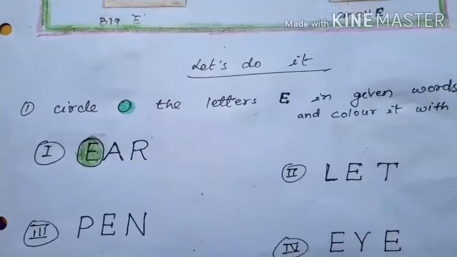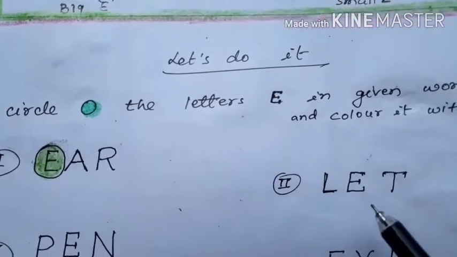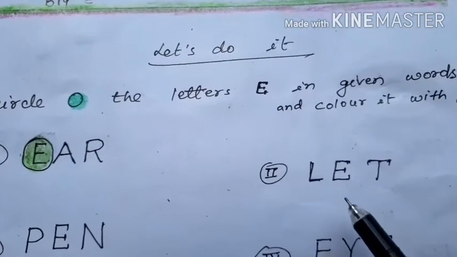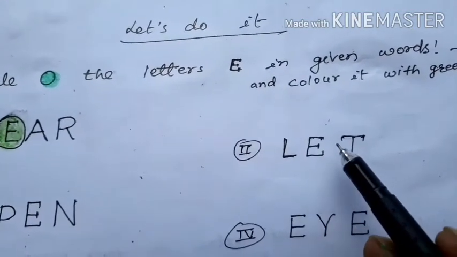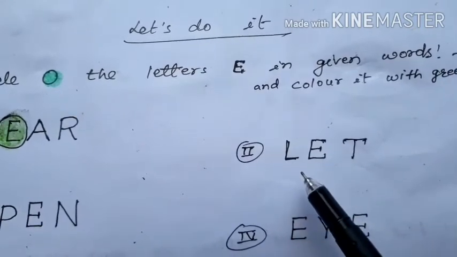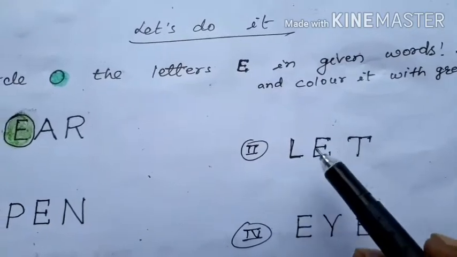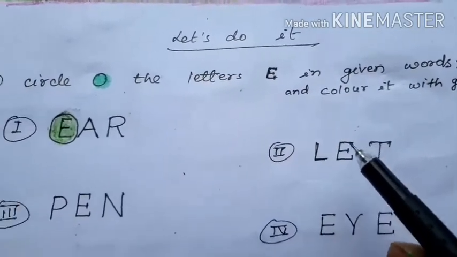In this way, second word, now in these words they have to select letter E. First they identify and select and circle, then fill the color.